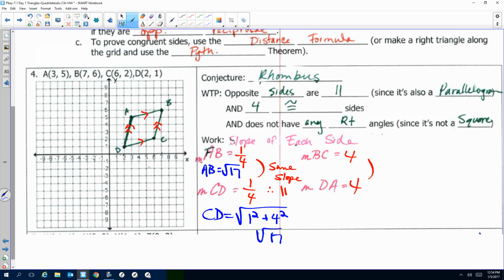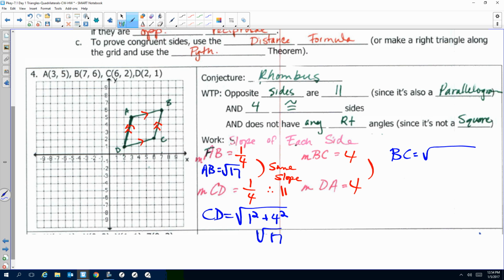All right, well, let's think about BC. What numbers would we be using for the ratio of BC? What would be the A and the B for A squared plus B squared? The slope is 4, so how would I write that as a ratio?